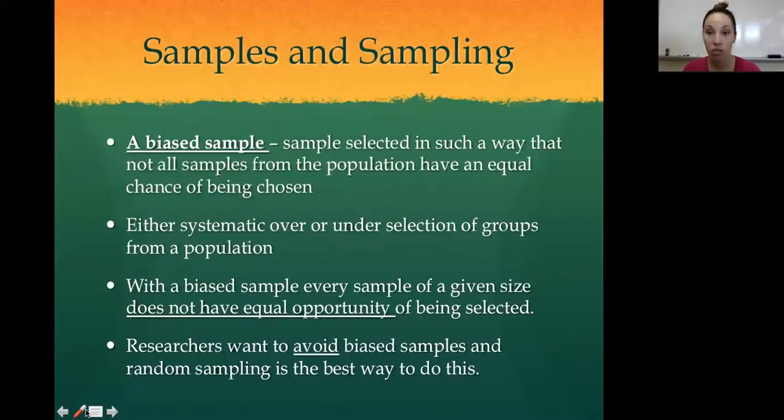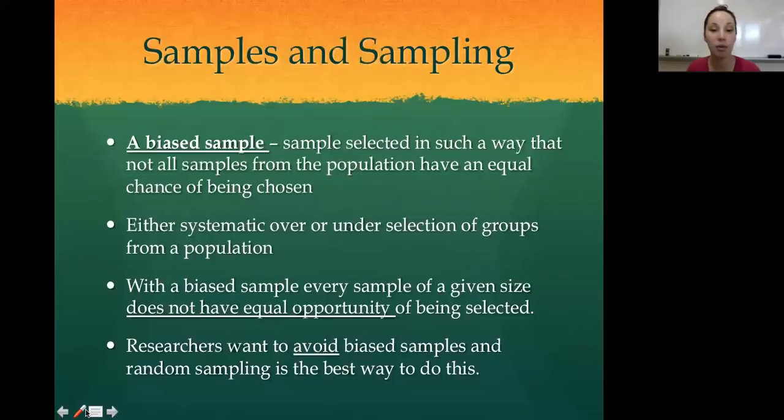So say that we are interested in a certain ethnic group for our study. Say that we are interested in Latino Americans, and there's a small proportion of people who identify that way in our university. So we might oversample those people because we're interested in that subset of the population. So we might systematically oversample in that instance.